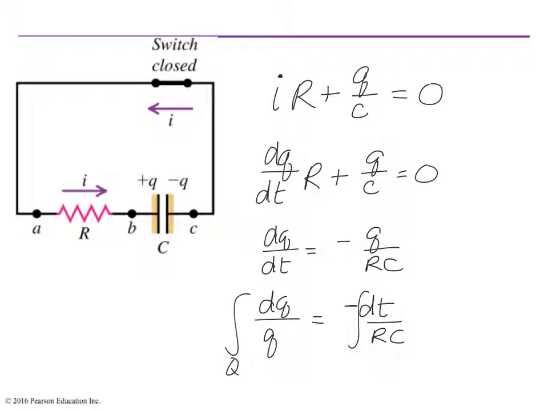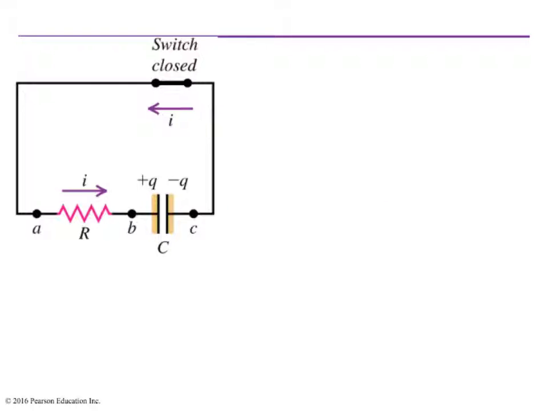We'll start with fully charged and go to some arbitrary charge Q, and the limits are t going from 0 to some arbitrary time t. So let's go where we have more room. What we were looking at was 1/Q.